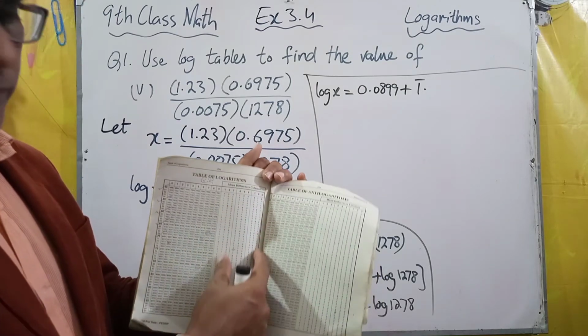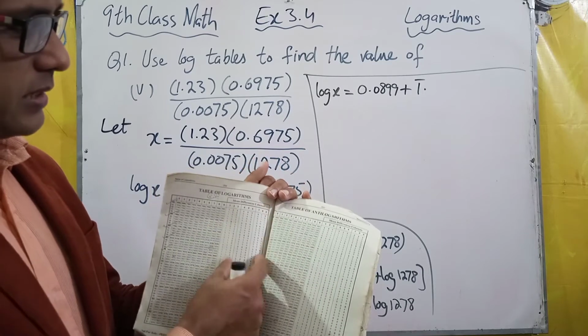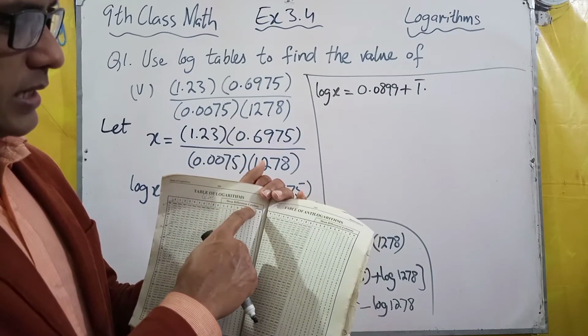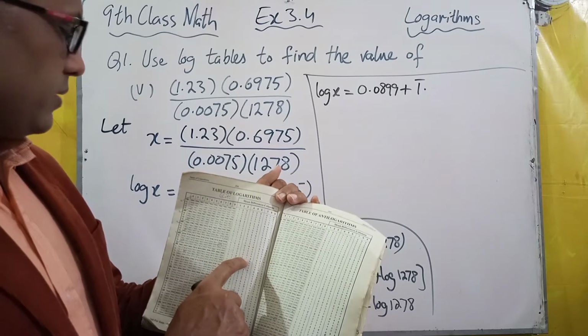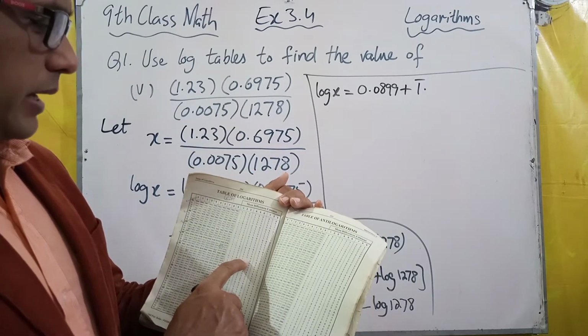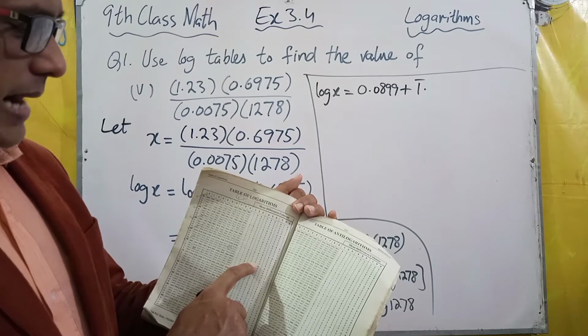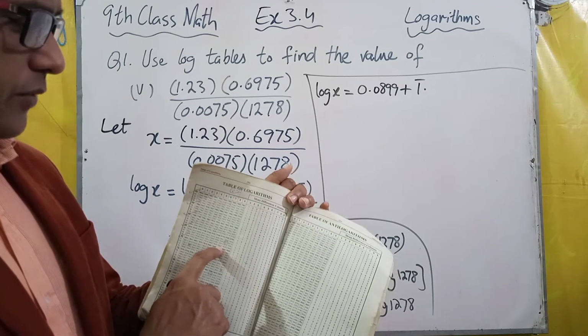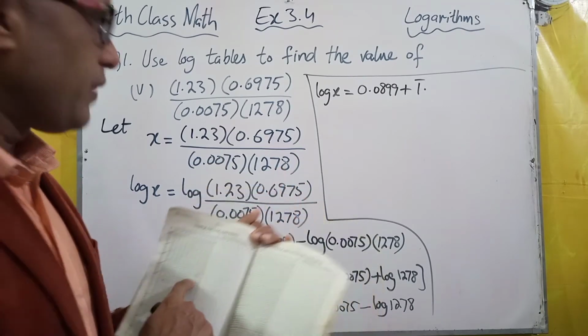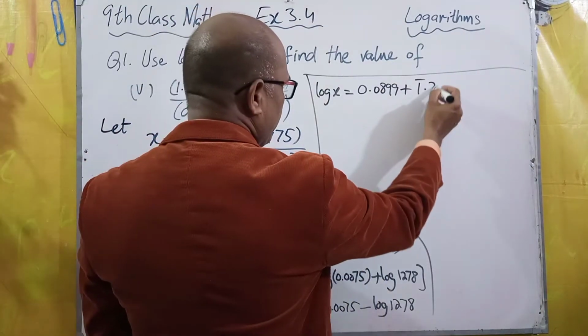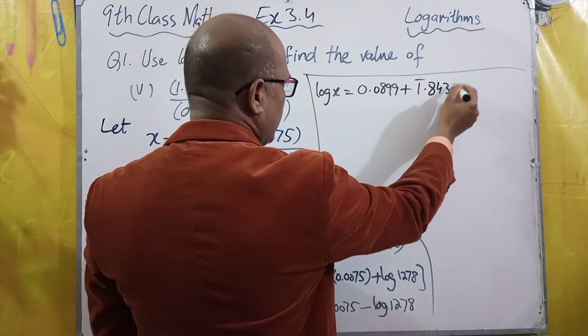This portion represents the difference, the mean differences column. So we have to see it in 5. It is 3. If we add 3 into this number 8432, it will become 8435. So we'll write here 8435.